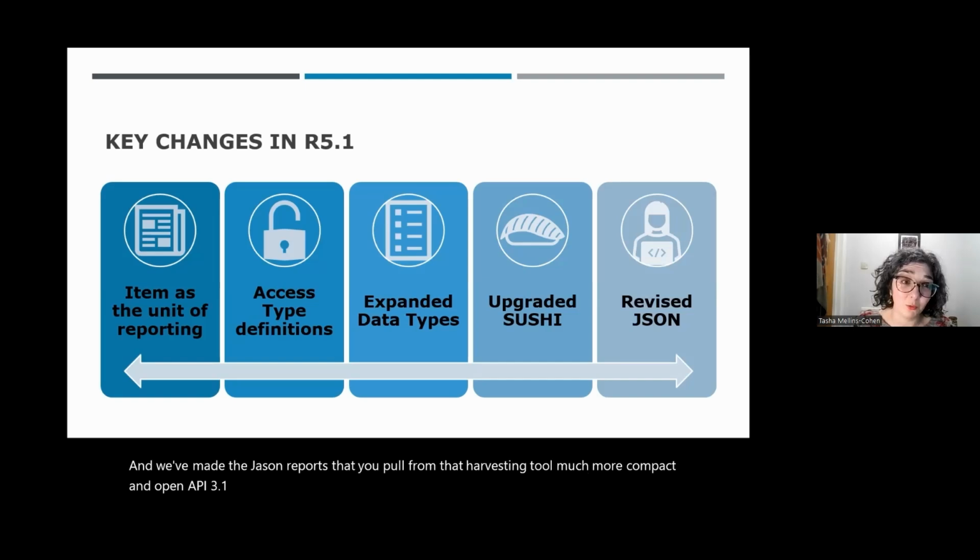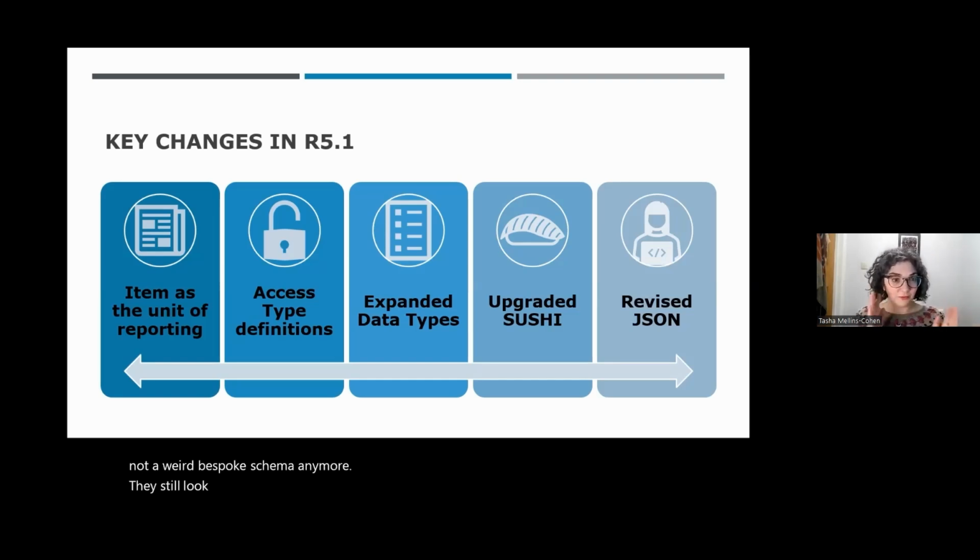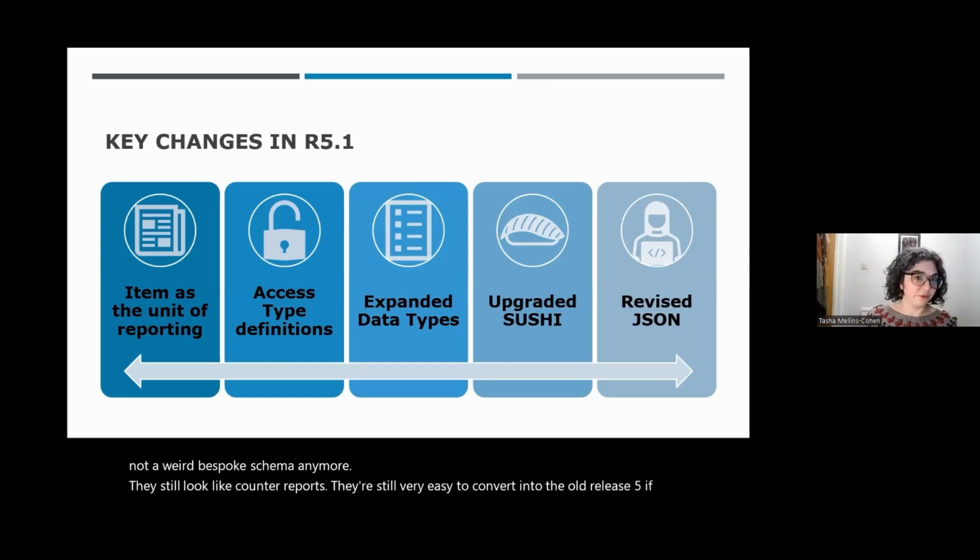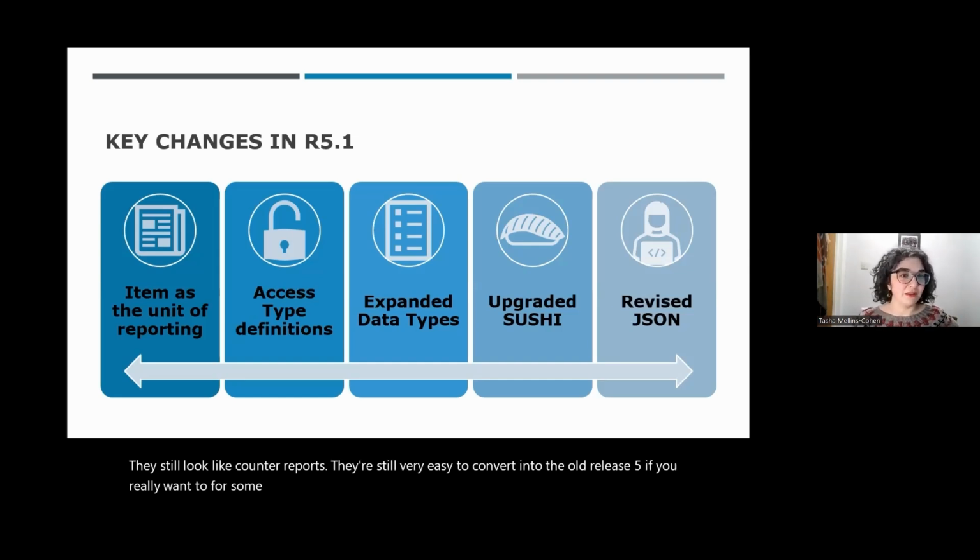So they're much easier to work with and to validate because they're not a weird bespoke schema anymore. They still look like Counter reports. They're still very easy to convert into the old release 5 if you really want to for some reason, but they're smaller and more compact. And I was able to make sample reports without pulling my hair out. So it's good.